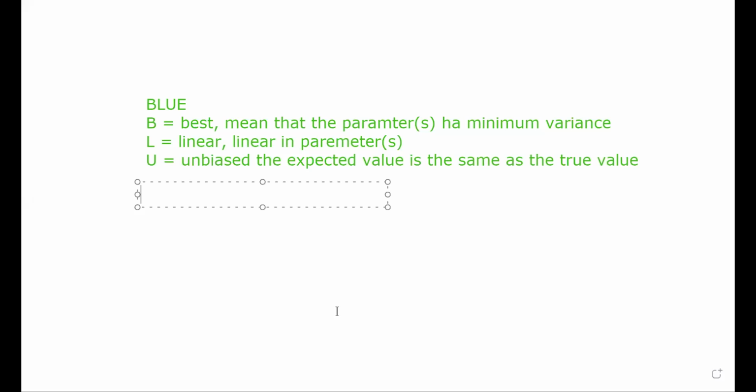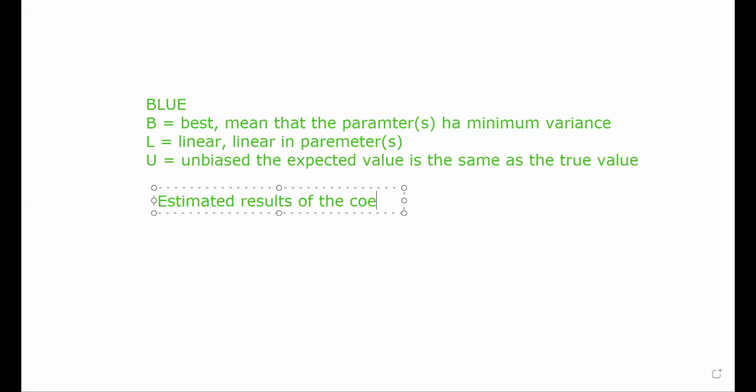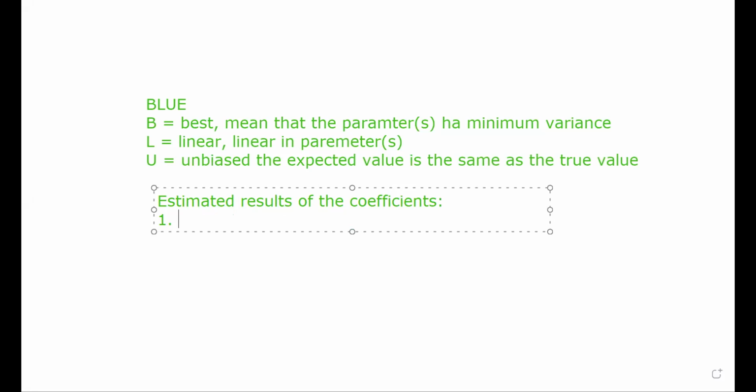For example, we have the estimated result of the coefficient, suppose beta 1, 0.9215 e to the power minus 21.